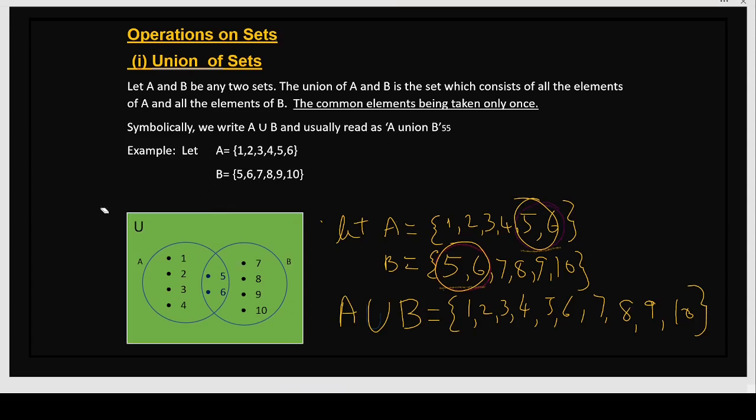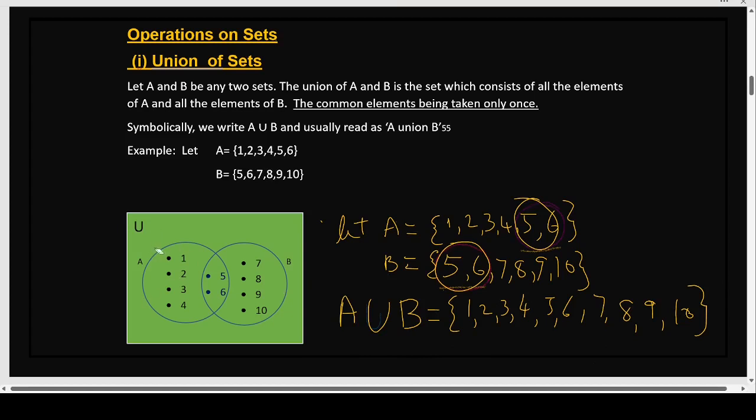How do you represent these sets in the Venn diagram? You can see 5, 6 are common. If you take A union B, you will write 1, 2, 3, 4, 5, 6, and 5, 6 of B will not be repeated. Common elements are written only once. So 7, 8, 9, 10. This completes A union B.